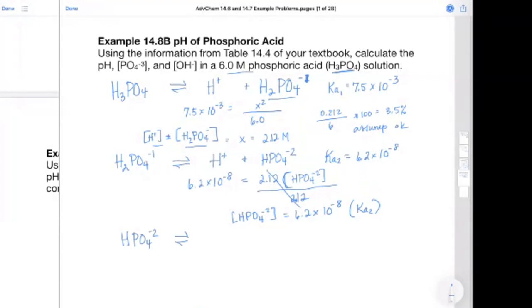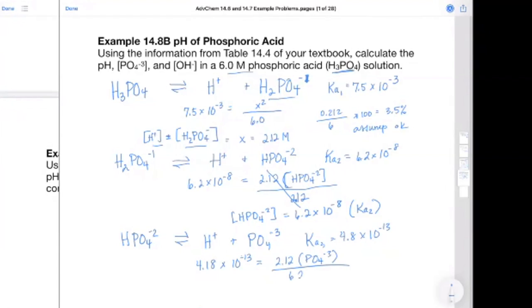We can go one more step because there's one more hydrogen to pull off, HPO4 2 minus. So we have an H plus and a PO4 3 minus this time. The Ka value here, even smaller, 4.8 times 10 to the negative 13th. Again, we found that in your textbook. So plugging in the numbers that we have and know, we know the hydrogen ion concentration, it's still 2.12.